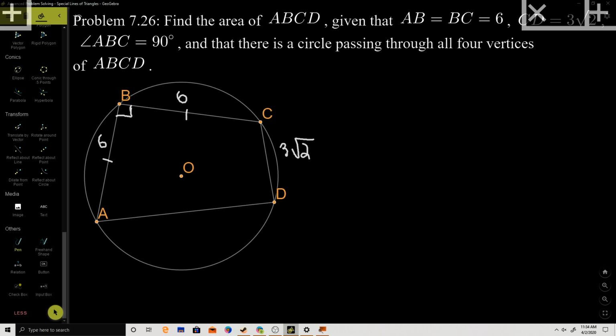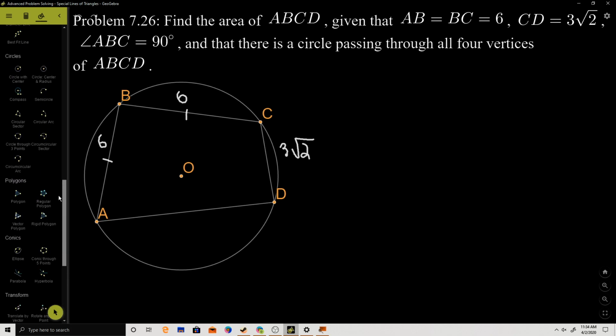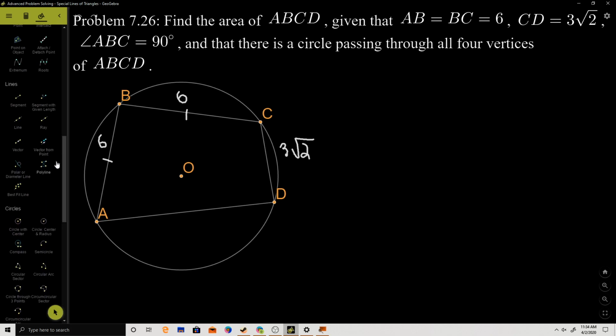Well, we don't know much about four-sided figures. We know a lot about triangles because this whole entire chapter was basically about triangles. So let's see if we could figure out something where we can make some triangles.